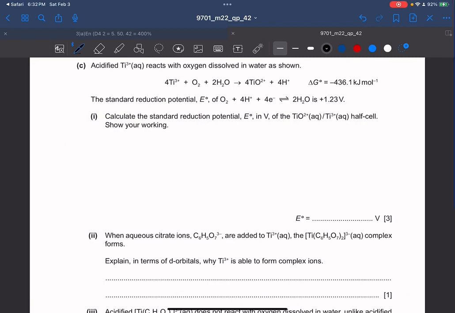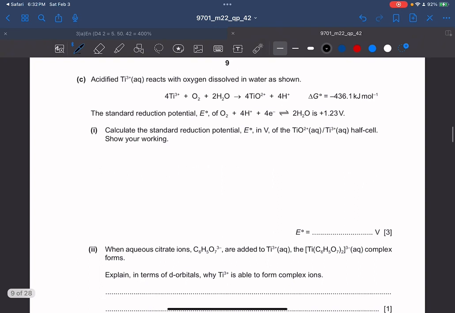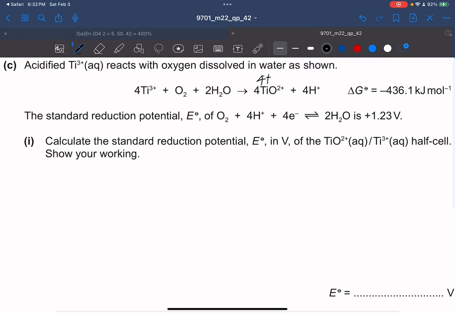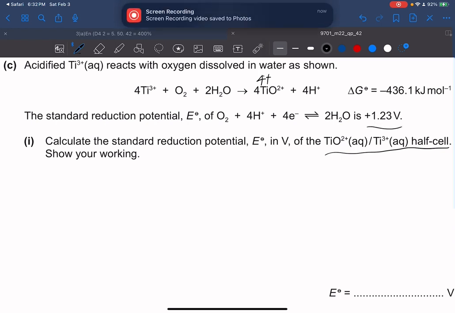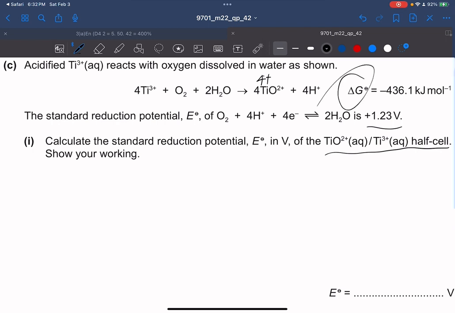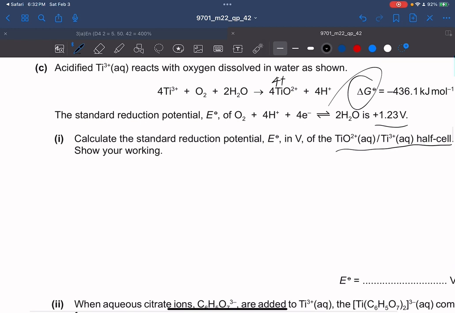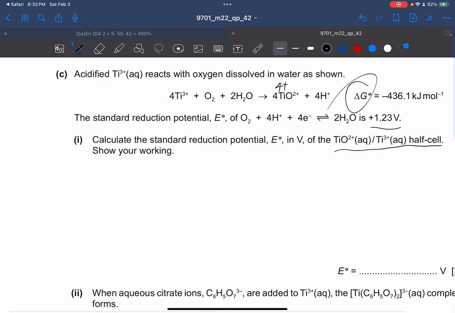Okay, so now we're going to be looking at an electrolysis question. Basically it's asking you to figure out the half cell potential, and the only information it gives you is the standard potential of this, and also the change in Gibbs.